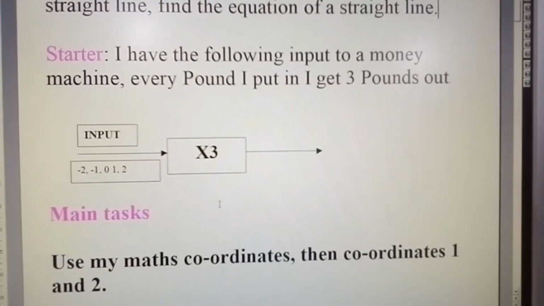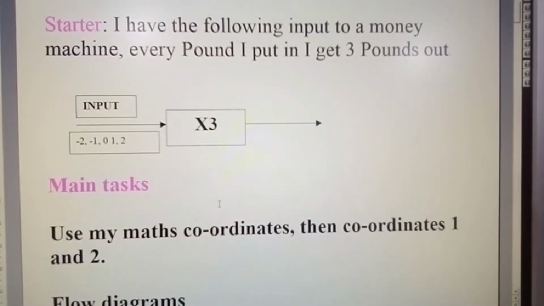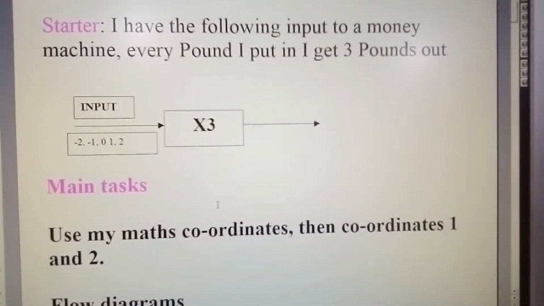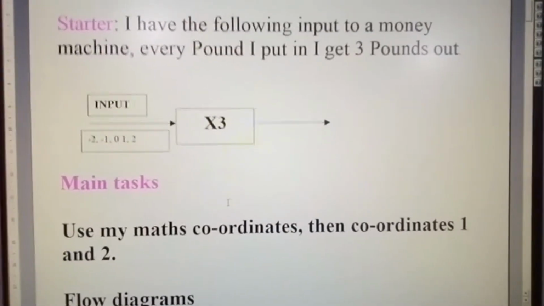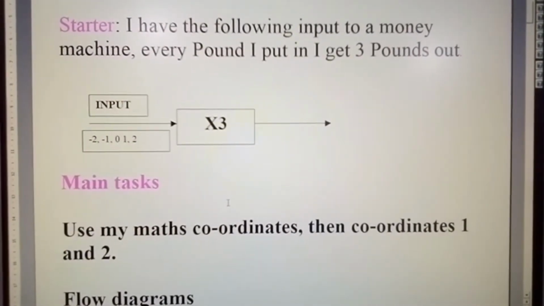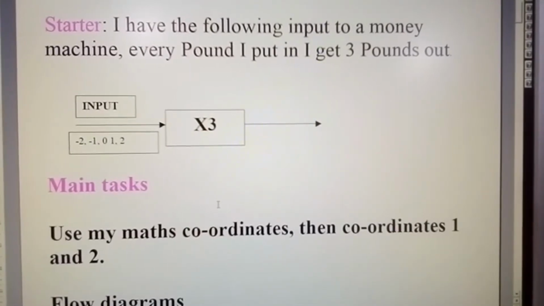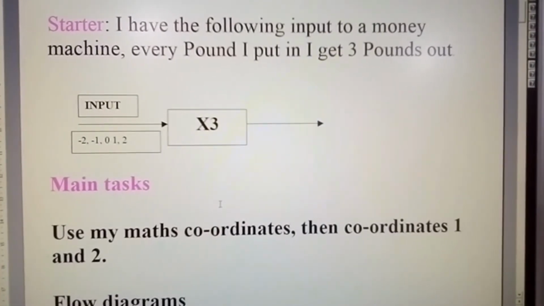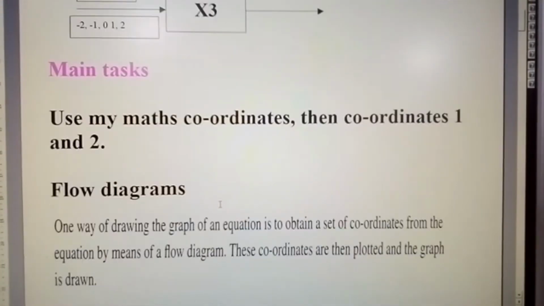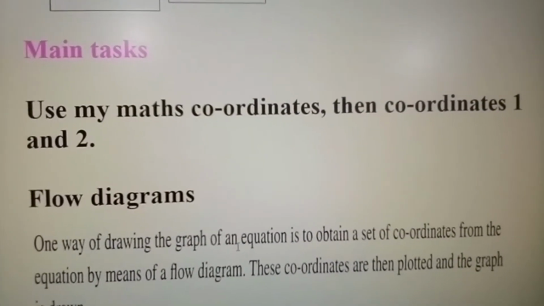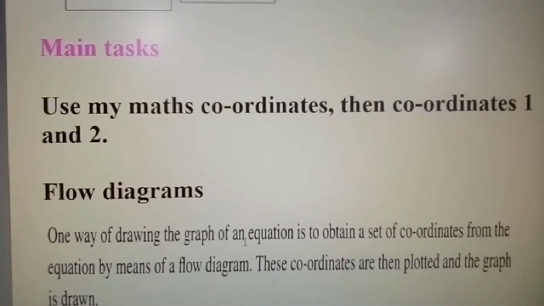Okay, main task. Use my maths coordinates, then coordinates 1 and 2. Some of you have used my maths book at school, because this is taken from that. And when I was teaching maths at school, this is something that I would use myself. Let me just make sure we can get this in and it is clear to read.